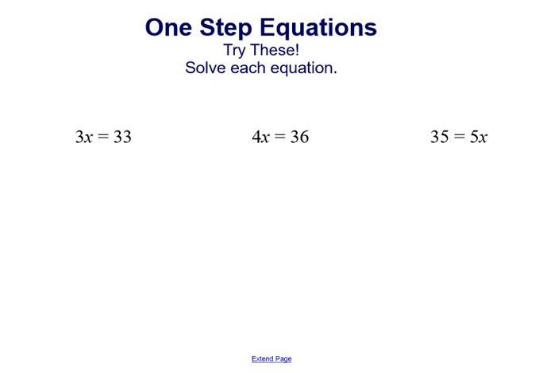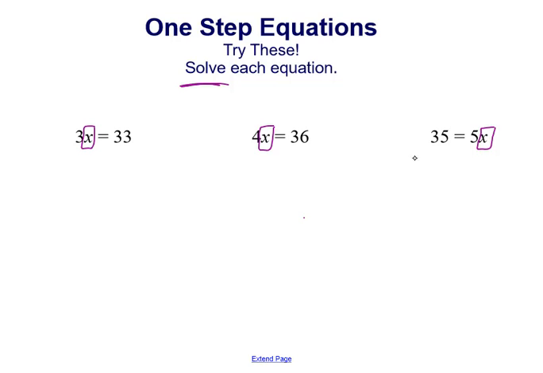Let's look at some more examples where we have multiplication and division as our operations in the equation. It says to solve, so our goal is to get the variable by itself. So here in all three of these equations, we have the variable x that we're trying to isolate. In the first two equations, the variable x is on the left side of the equal sign, and in the third equation, it's on the right.